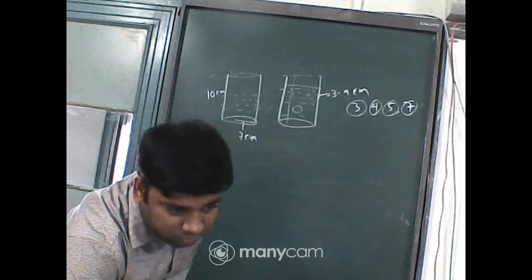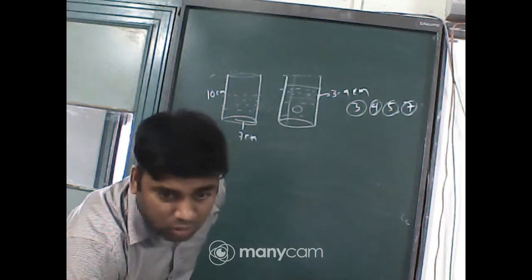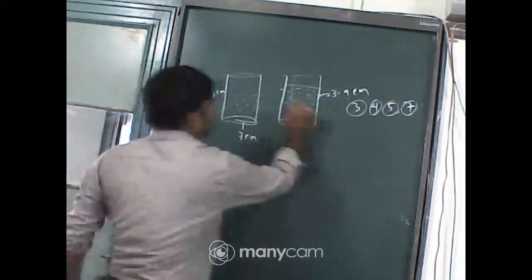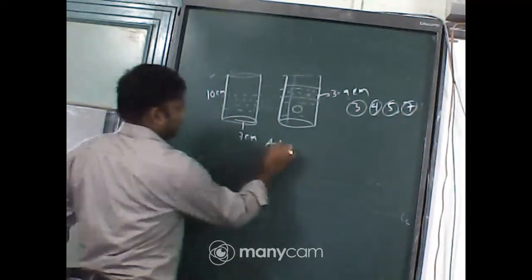Wait students, I think something is off. Just multiply it. 4/3 pi r cube equals pi r square h.